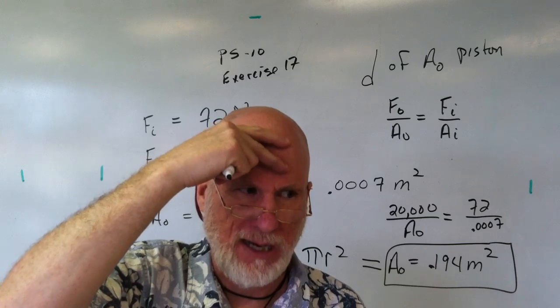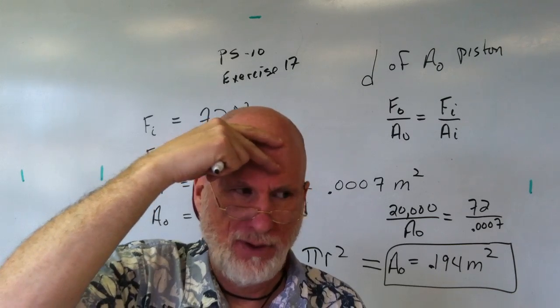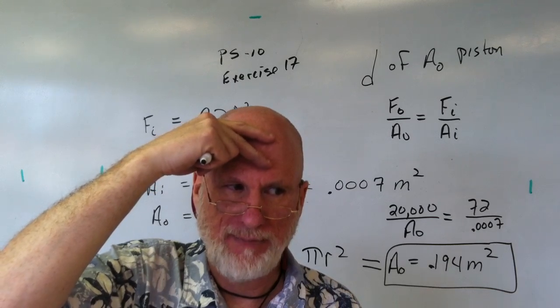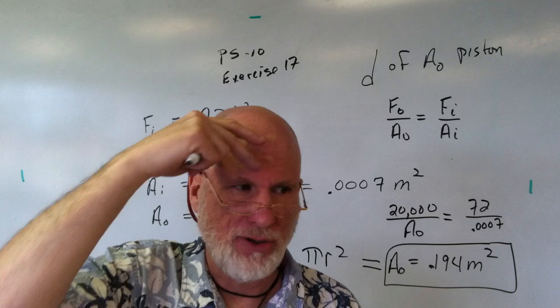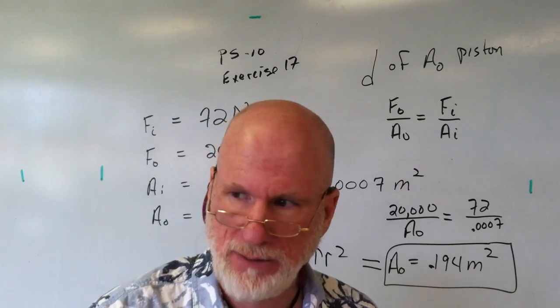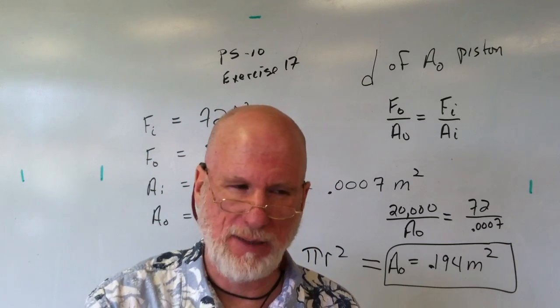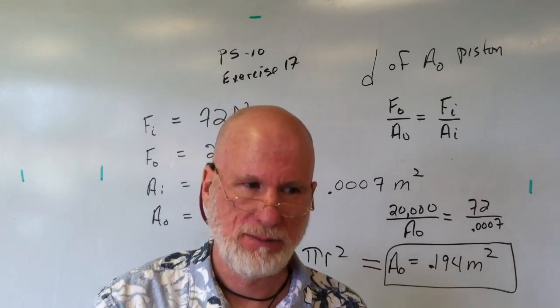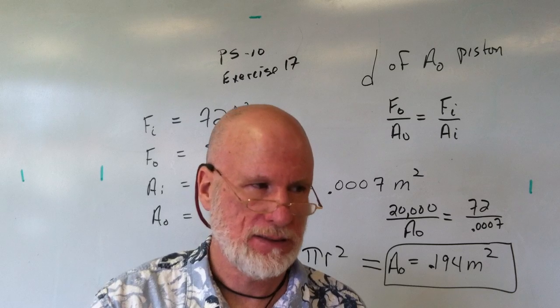You're going to divide by pi, correct? And you're going to take the square root, correct? Do I have to write that on the board? You can do that? Do you understand my words? Yes?